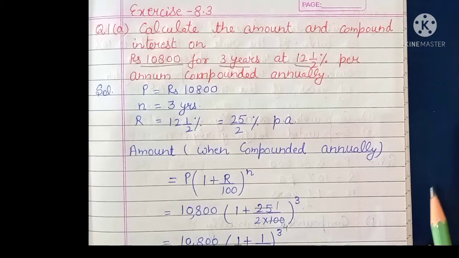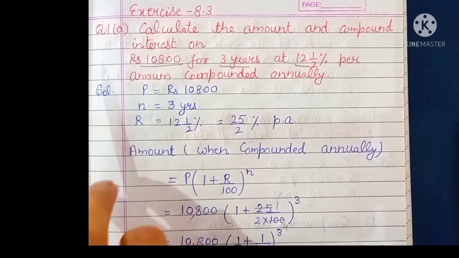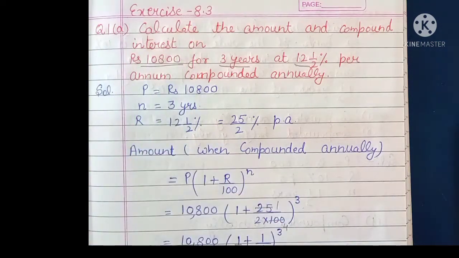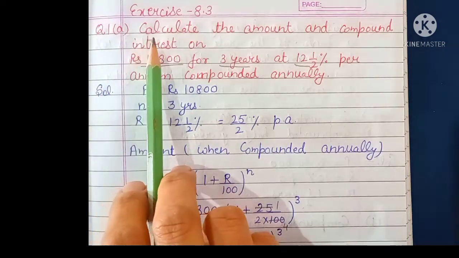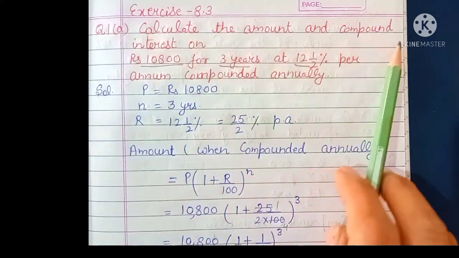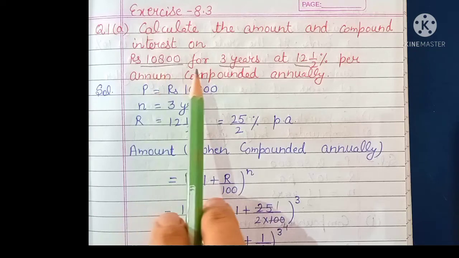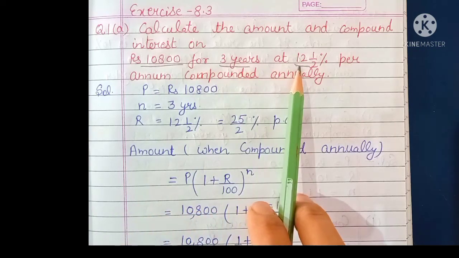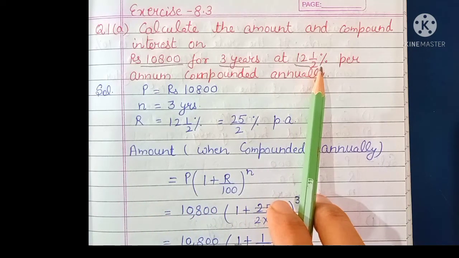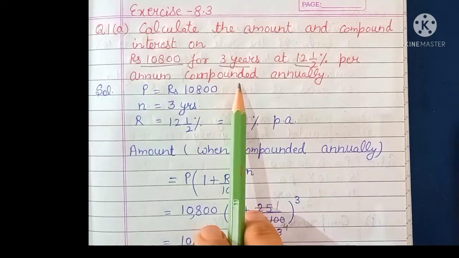Now we will apply these formulas in the questions. So I am going to explain question 1, part A of exercise 8.3. The question is: calculate the amount and compound interest on rupees 10,800 for 3 years at 12 1/2% per annum compounded annually.